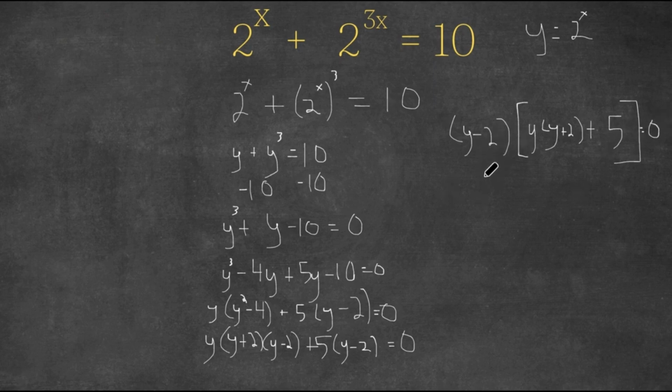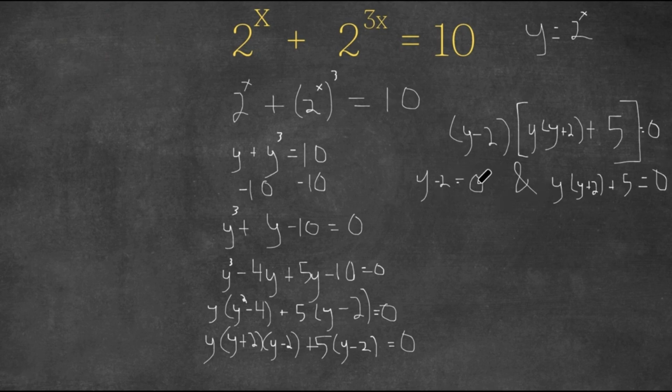And now we've created two equations. We have y minus 2 equals 0 and y times y plus 2 plus 5 equals 0.